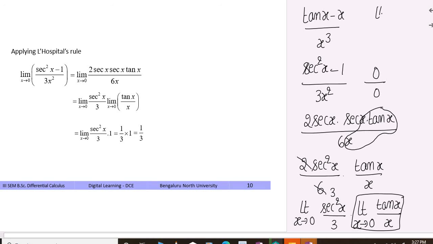That's why limit x tends to 0, secant square x by 3. Substitute x equal to 0. Secant 0 is 1. 1 square is 1. So, after substituting the limit, we are going to get the answer as 1 by 3. This is the value of the given limit.